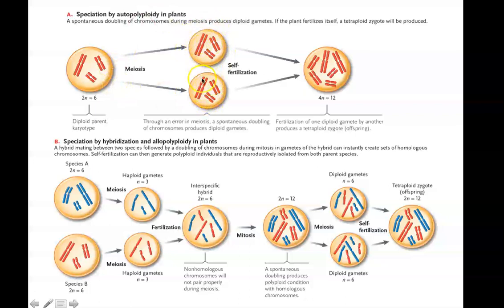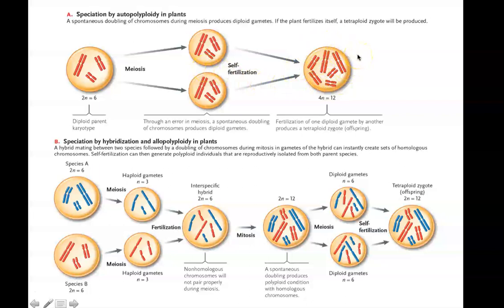So in this case, the individual might be infertile or unable to reproduce with other individuals that have the correct haploid number. Let's say this is a plant, so then it undergoes self-fertilization. This unreduced gamete fertilizes this unreduced gamete. Basically, this plant mates with itself, and the end result is a zygote that has 12 chromosomes.